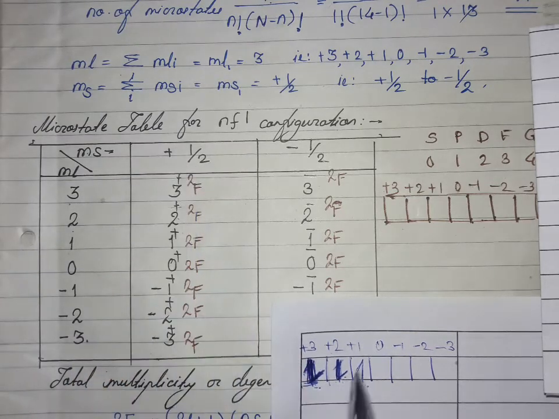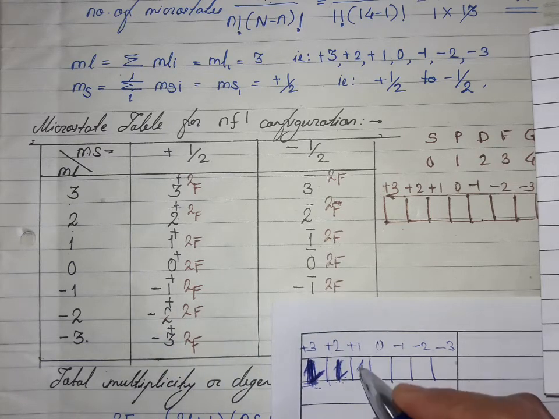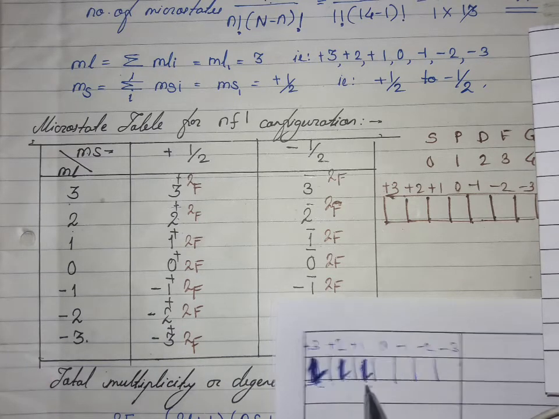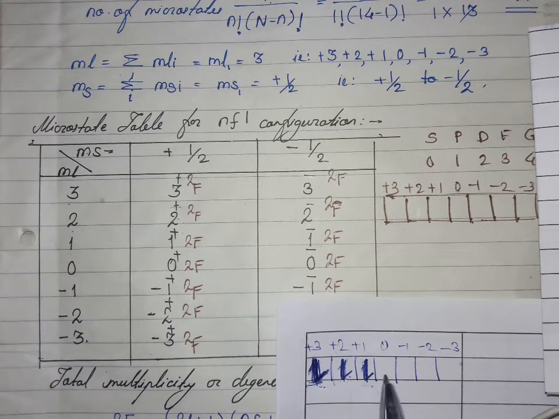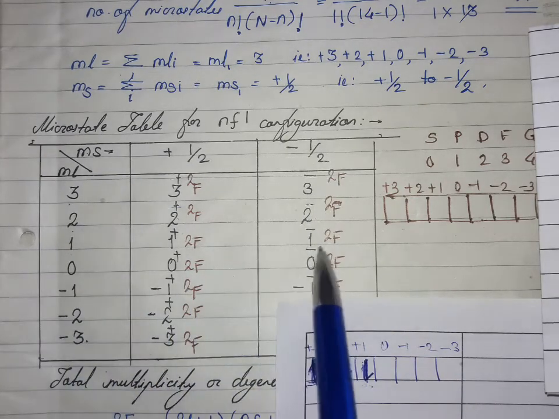Then for this case put that electron in the inverted position. Then you will get ml equal to +1 and ms equal to -1 by 2. The spin of that electron is -1 by 2, so -1 by 2 and ml is equal to 1.